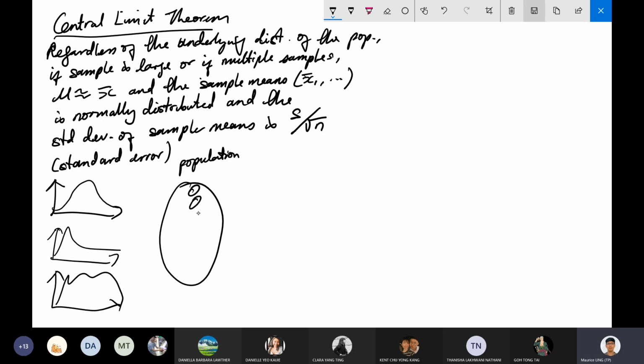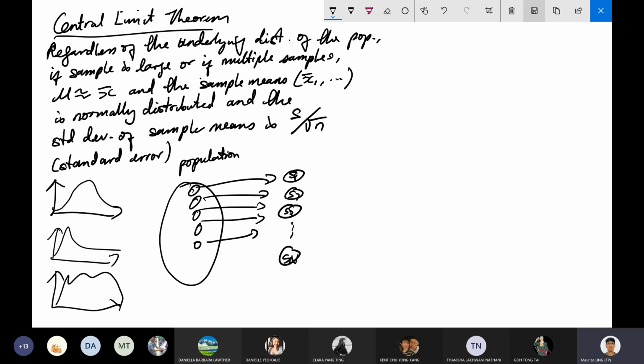But if you have multiple samples, okay, so now you have sample 1, sample 2, sample 3, all the way to sample n. Each one will give you an average, a mean. And each one will give you a standard deviation as well.